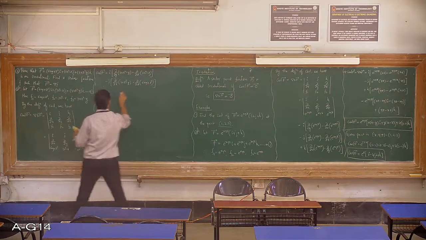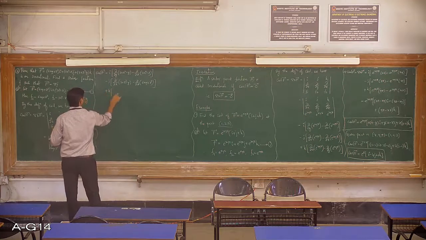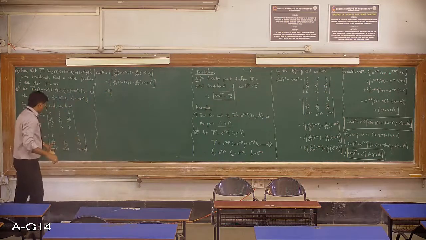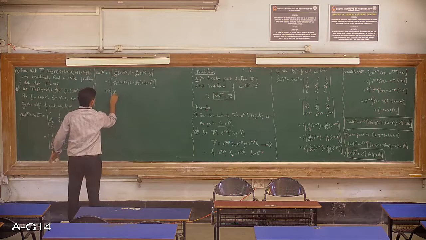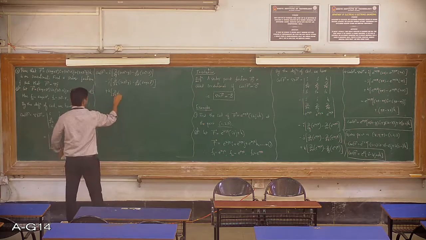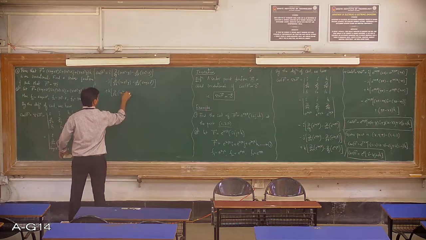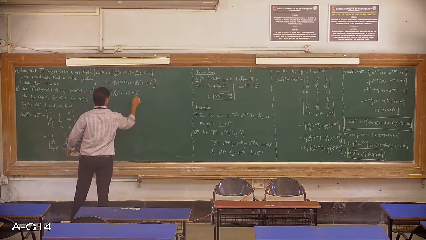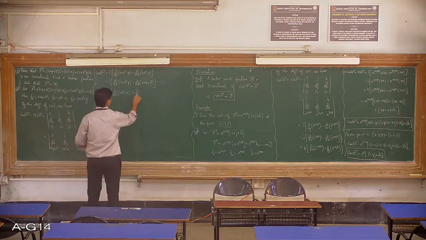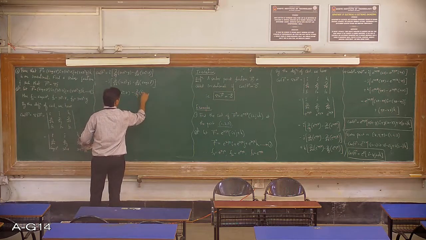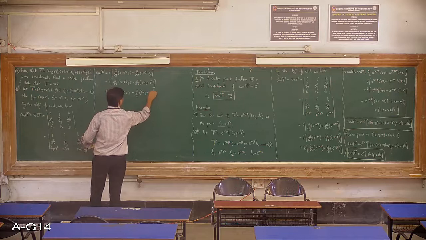Next, plus k in the bracket, ∂/∂x of that is 3x² minus z, minus ∂/∂y of 6xy plus z³.